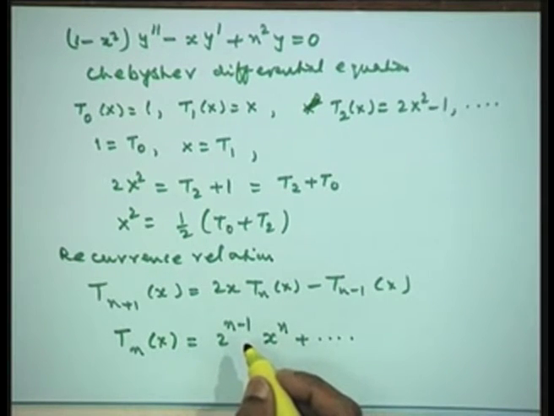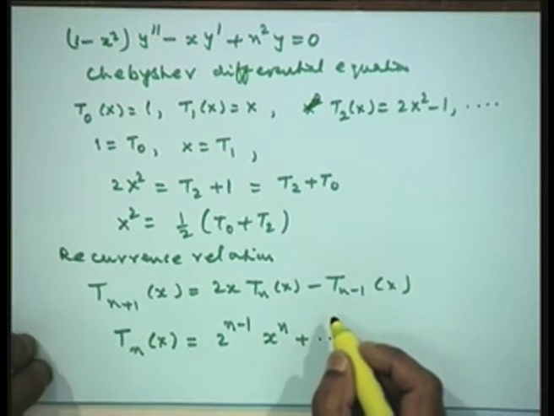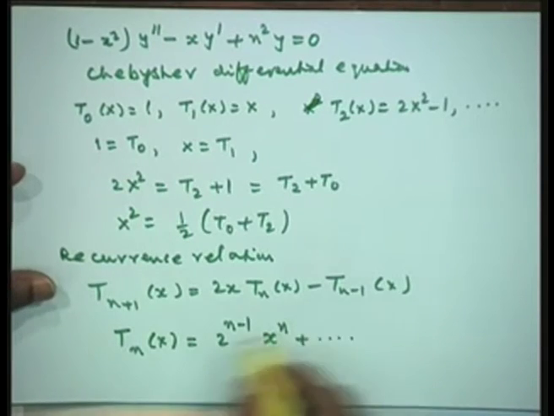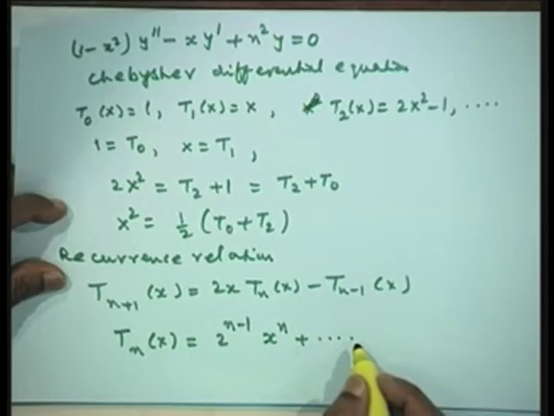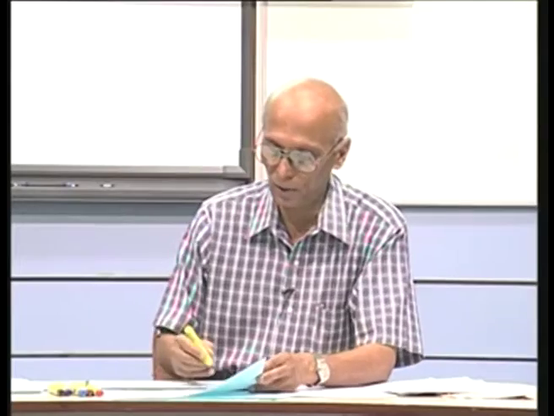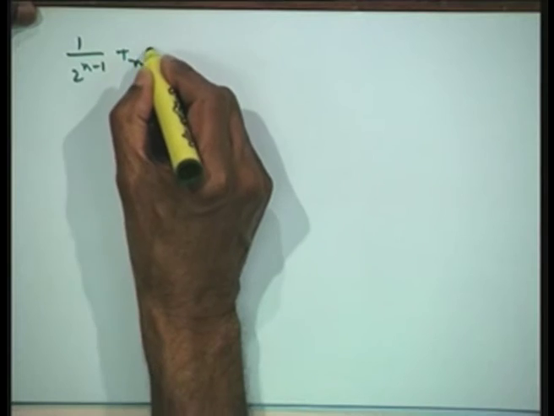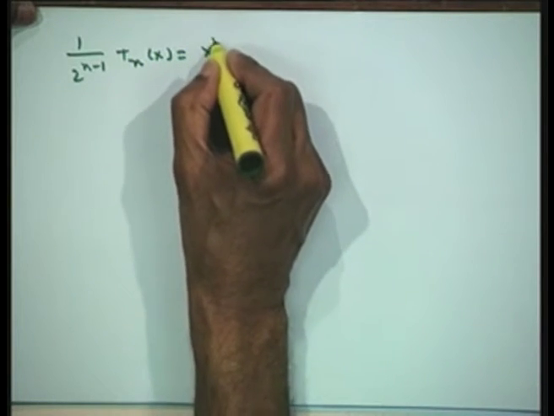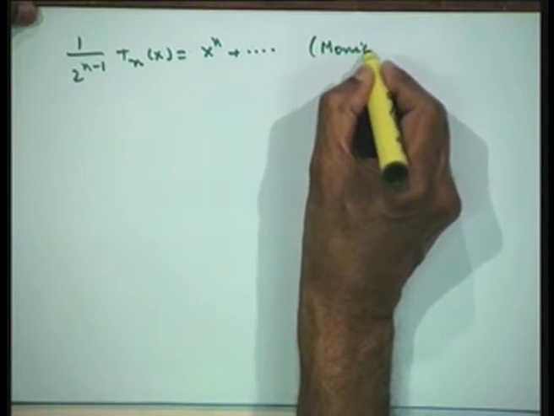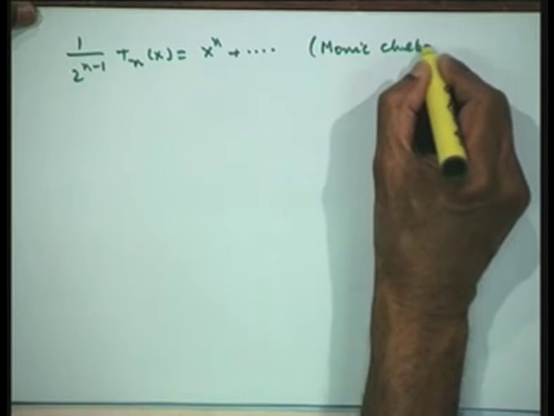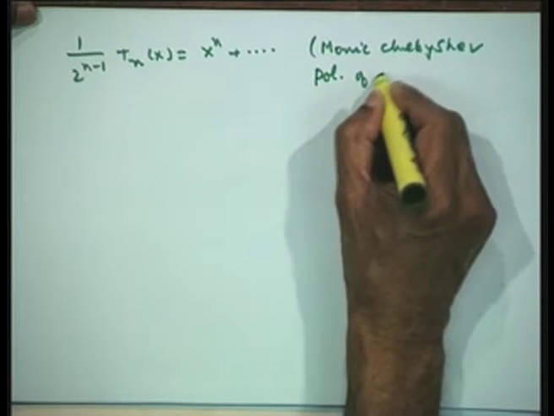Now, I can define a monic Chebyshev polynomial, that is a polynomial with leading coefficient 1. So, if I divide T n x by 2 to the power of n minus 1, then I will have a monic Chebyshev polynomial. So, I can write 1 upon 2 to the power of n minus 1 T n x is equal to x to the power of n plus so on. So, this defines a monic Chebyshev polynomial of degree n.